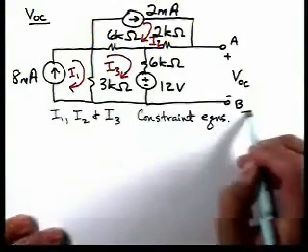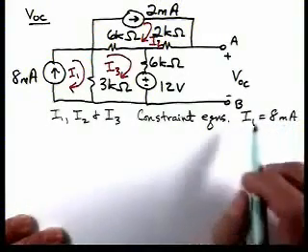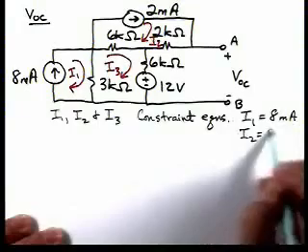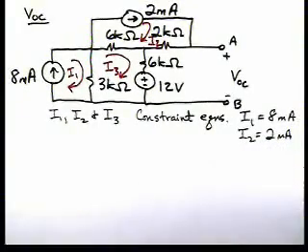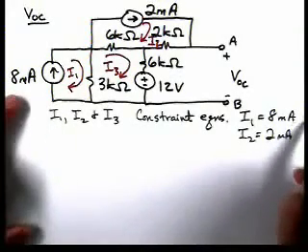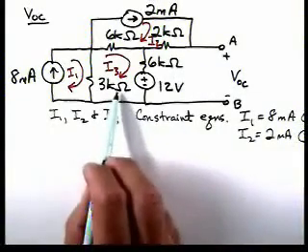For instance, I1 is equal to 8 milliamps as a constraint equation, and I2 is equal to 2 milliamps is our other constraint equation. So here are 2 of our 3 equations. For our third equation, we'll apply KVL to this mesh.